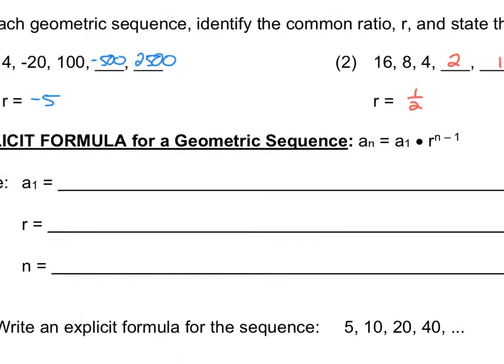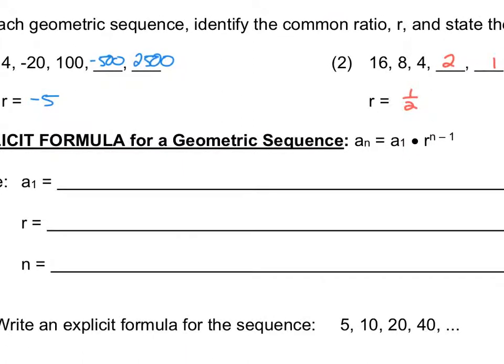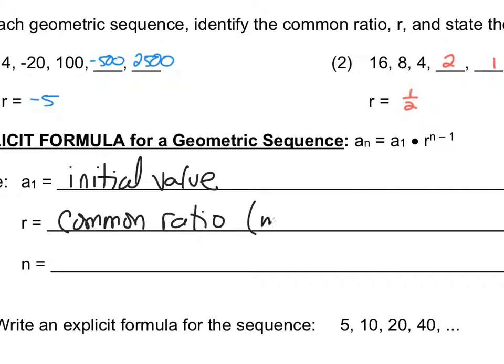All right, so in terms of a practical approach, a sub 1 is what it's always been, the initial value. r is the common ratio, also known as a multiplier.